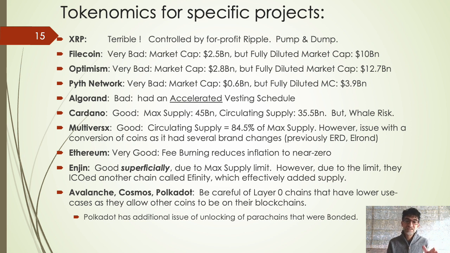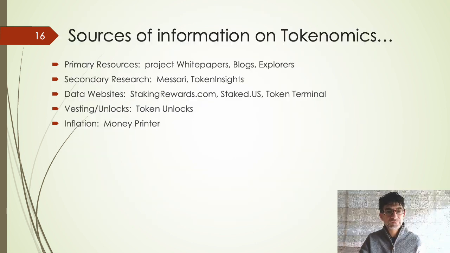And of course, there are other chains like Solana or Ethereum that allow this too, but it seems to be a worse problem for layer 0s when they allow other tokens on the chain. It lowers and reduces the use case for that chain. You see what I'm saying? Like some chains, I'm trying to give you an example, like Cardano, I believe it's just Cardano, no other tokens. So you have to use Cardano's token. So that's good for tokenomics.